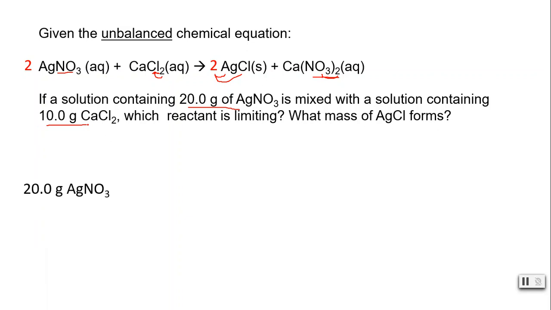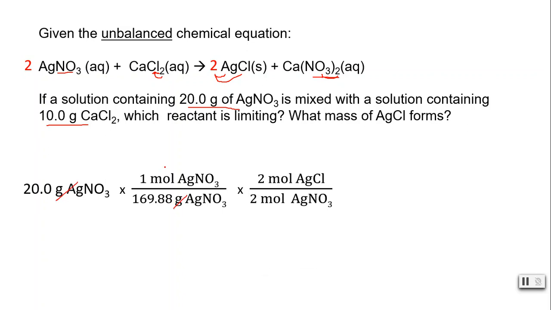So let's start with our silver nitrate. We're going to start with our amount of silver nitrate, convert it to moles using the proper molar mass for silver nitrate. Then going from moles of silver nitrate to moles of silver chloride by using the coefficients of the balanced chemical equation.